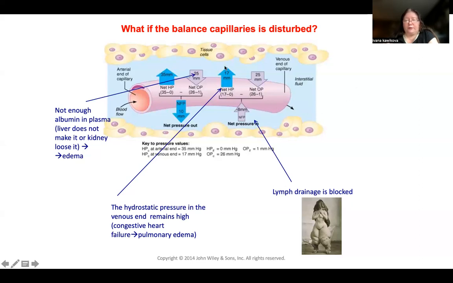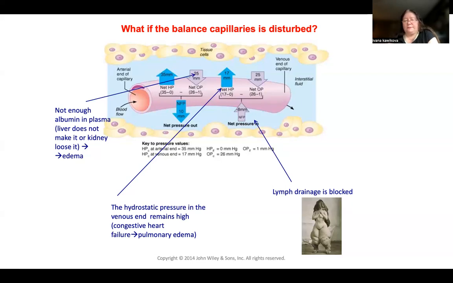It's accumulated, and if this remains high, then there will be lesser resorption potential.